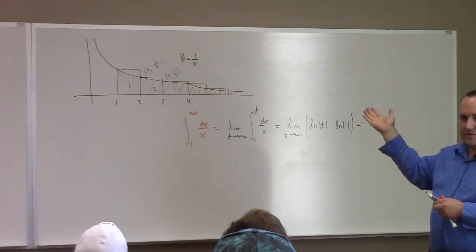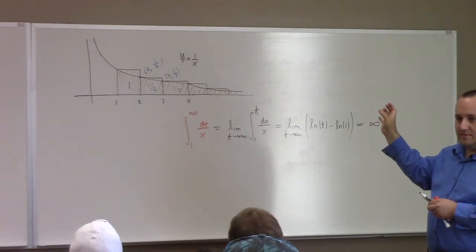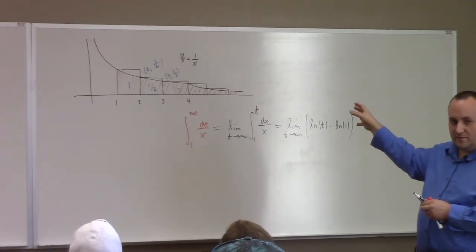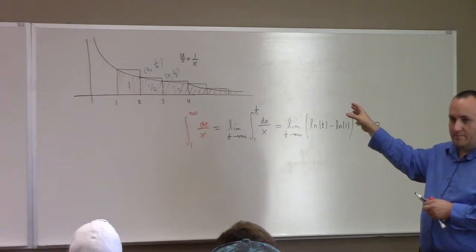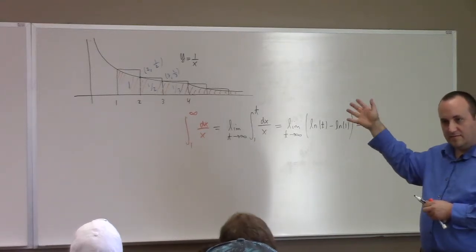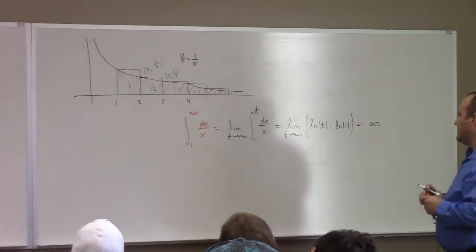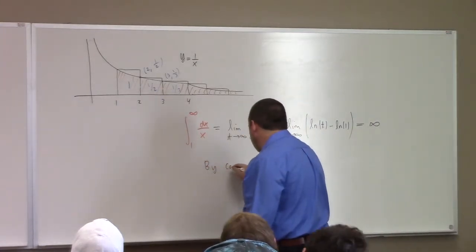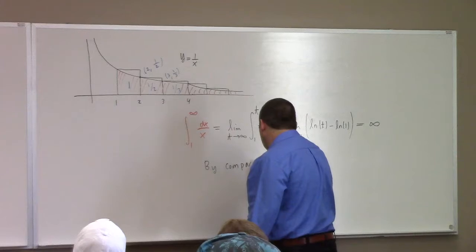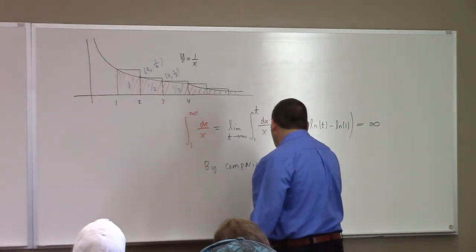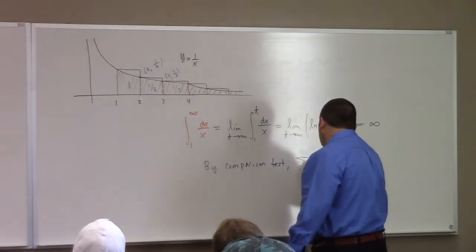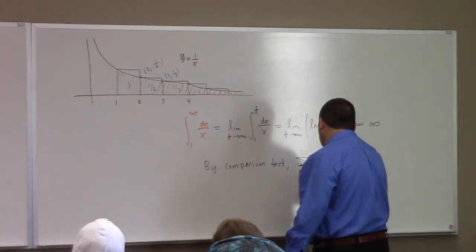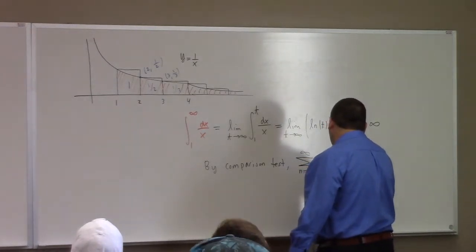But you can see from the picture that the area represented by the harmonic series is larger than that. So by the comparison test, the sum from n equals 1 to infinity of 1 over n diverges.